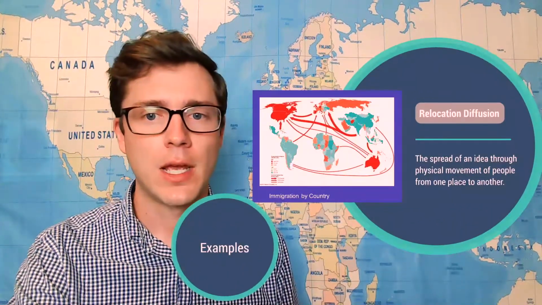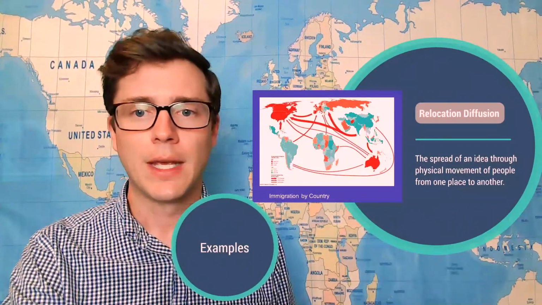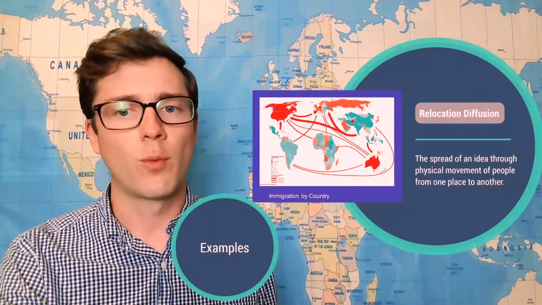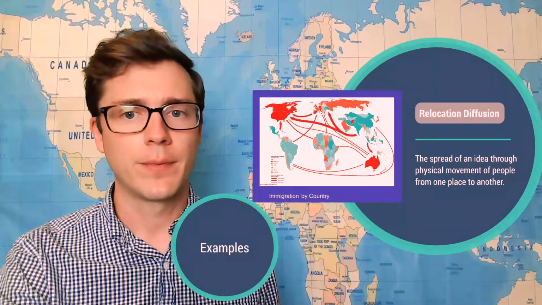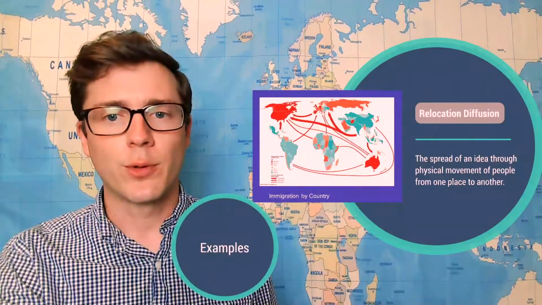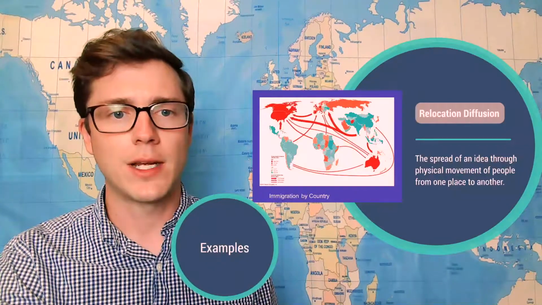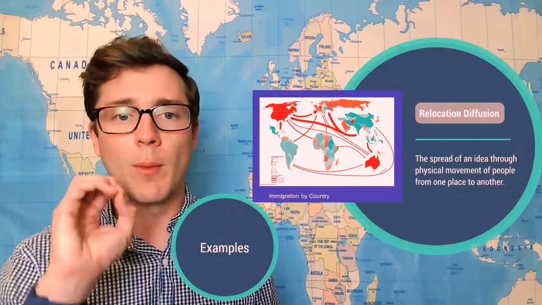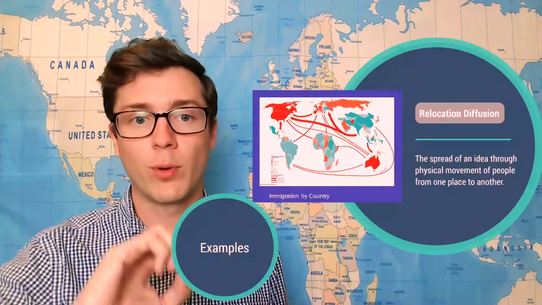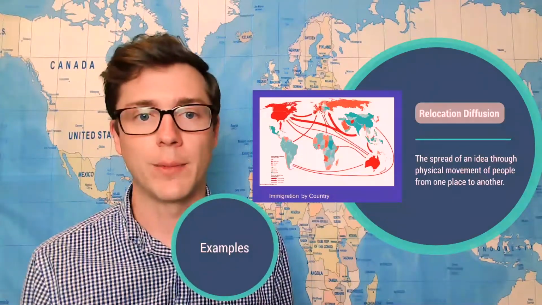So relocation diffusion is the spread of an idea through the physical movement of people from one place to another. So this is not where more people take on a trait, it's the same people move with their trait or family to a new place.